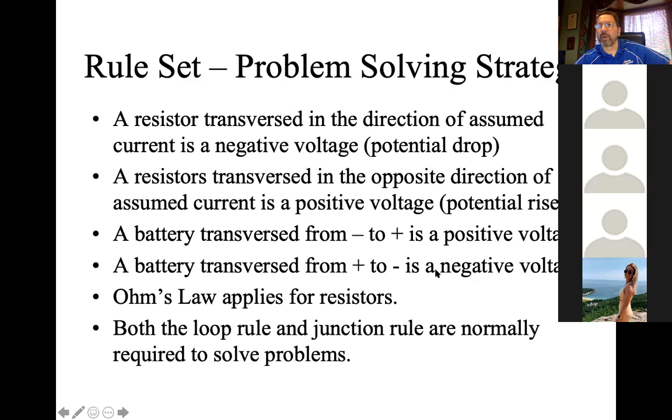If you happen to trace a battery in a loop and you're going from the positive side to the negative side, it becomes a negative number. Of course, Ohm's law applies for all resistors, and in fact, always, and I'll show you why, hopefully, if not today, then on Wednesday. You have to use both a loop rule and a junction rule in order to solve a problem.